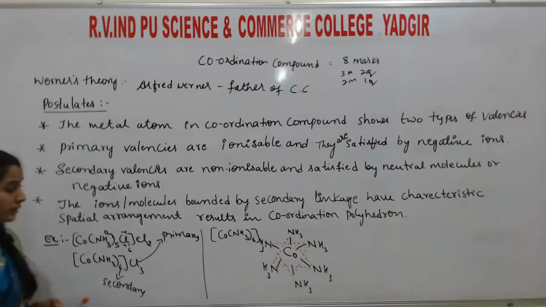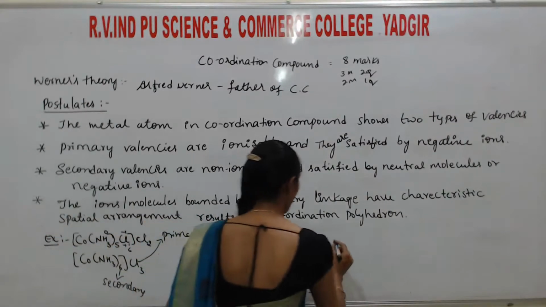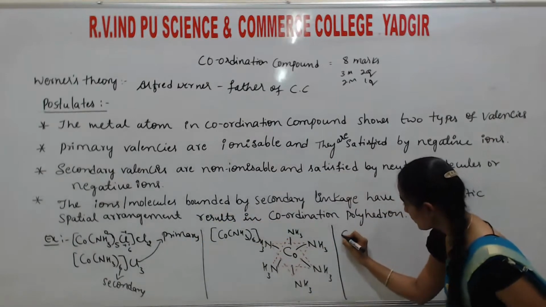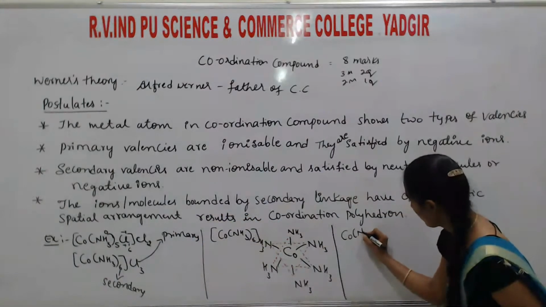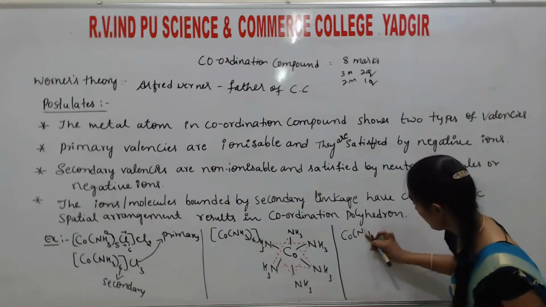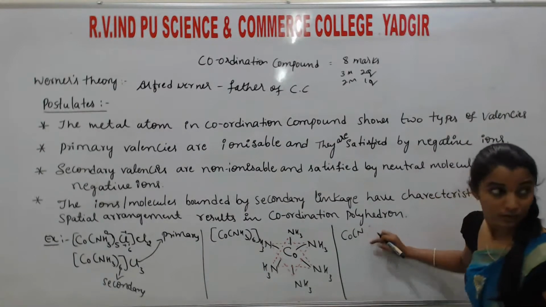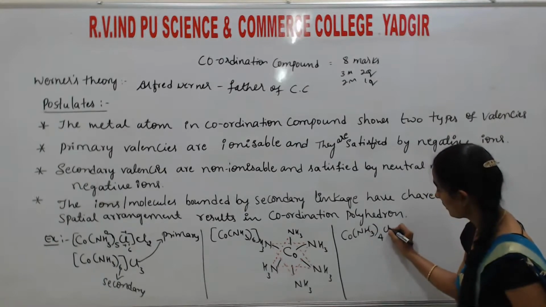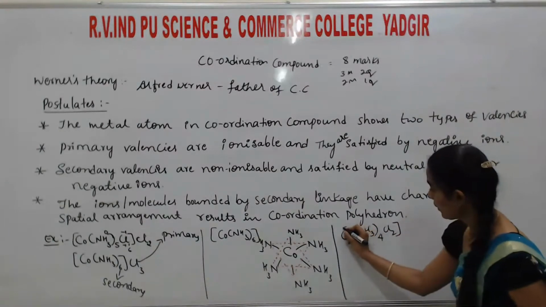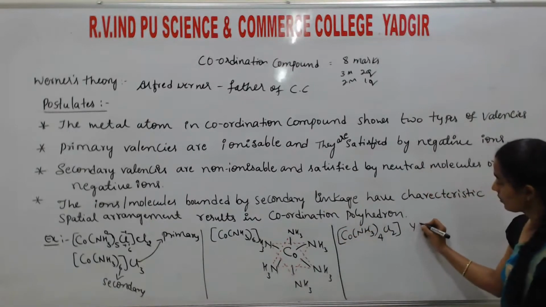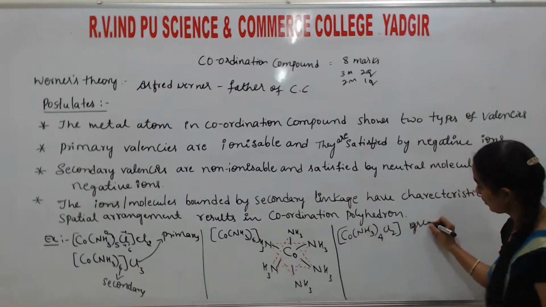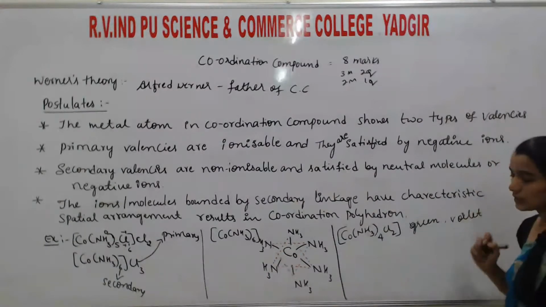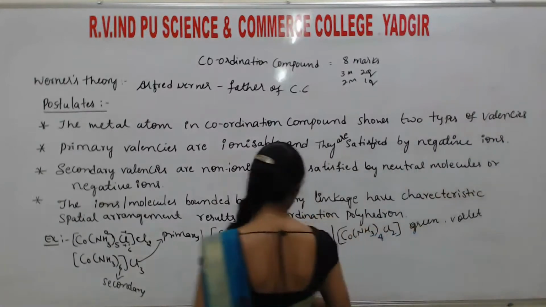Okay, students. At the same time, as I told you, the structure is there, that is CoNH3 4 times Cl2. Before I wrote, two colors are there. One is green, another one is violet. What is the reason for this green and violet color?